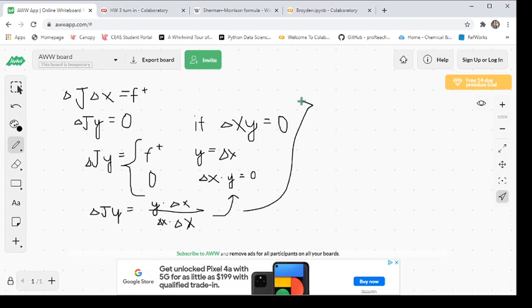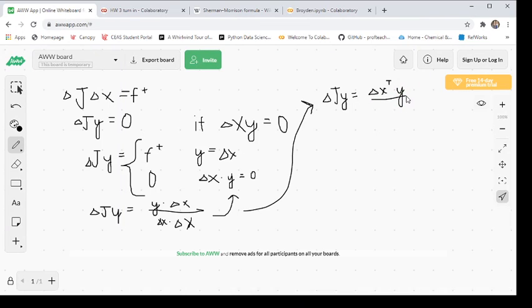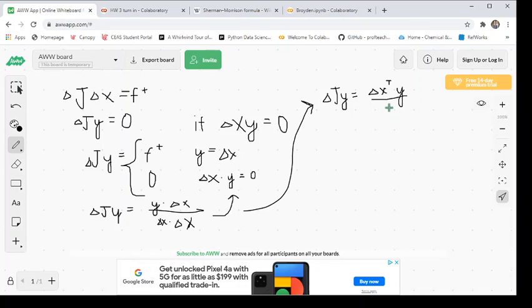So then we'd get delta x transpose y over delta x and norm of it.